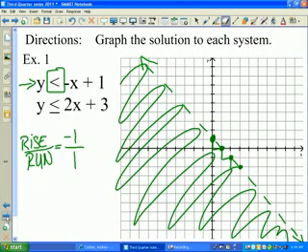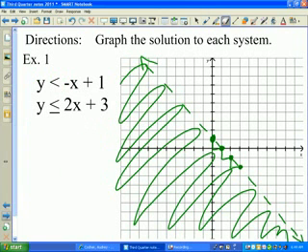Now, since we have a system of inequalities, we need to look at the second inequality, y is less than or equal to 2x plus 3. Again, I'm going to start at the number at the end, which is a positive 3. So I put my first point at positive 3. From there, I look at my slope.